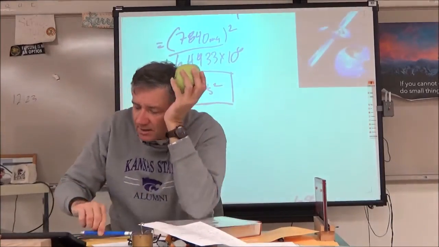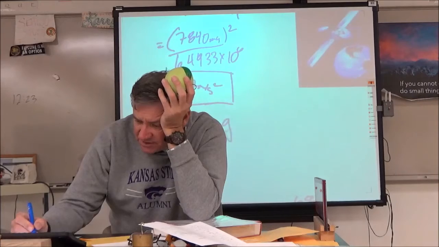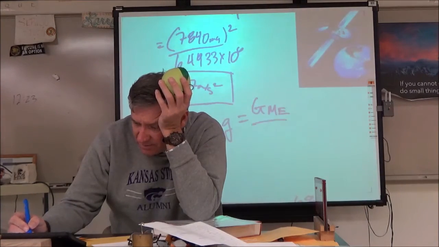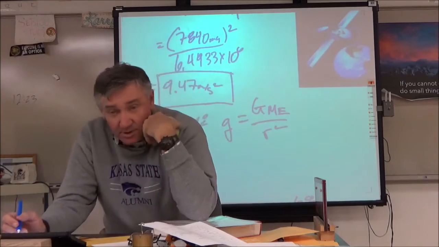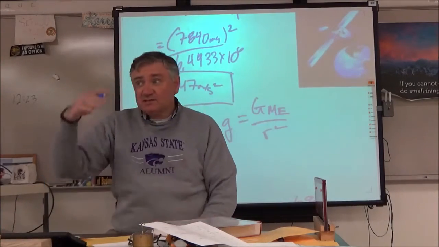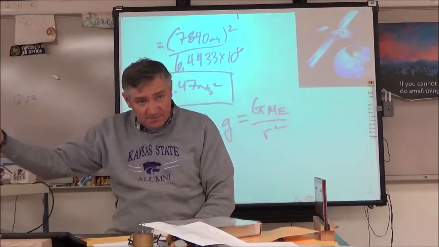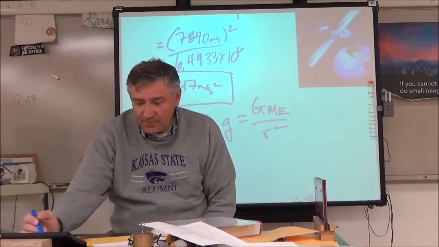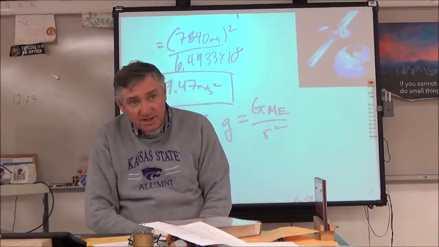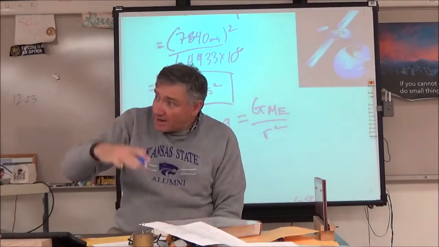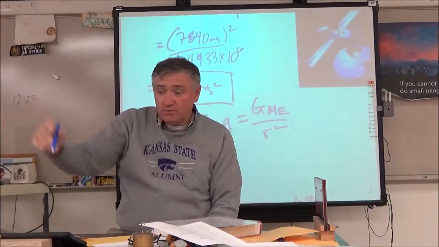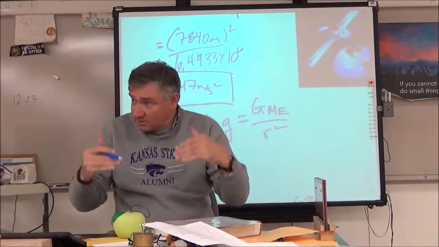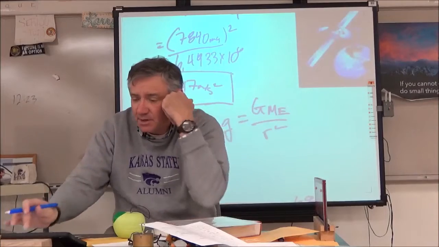Okay, so the only way we can get little g is to go big G, mass of the Earth over r squared. Now, if you plug in the radius of the Earth, 6.3713 times 10 to the 6th, the radius where we're at now, you're going to get 9.8 meters per second squared. But we're not at the surface. We're a long way out. So we're going to be dividing by a bigger number. So my g should be a little bit smaller. Okay?